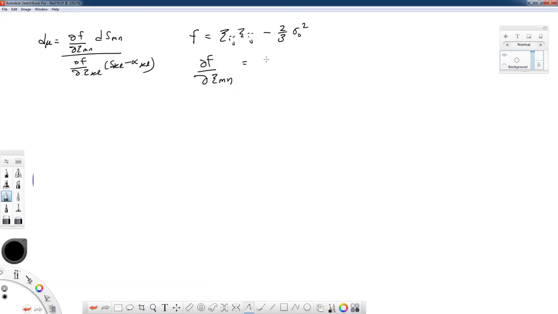So basically what we're going to have is 2 xi mn for this term. So in our specific case, d mu is going to be equal to xi mn times 2 the smn divided by 2 xi kl, and this term right here is also xi. Alright, now those 2's will cancel out.